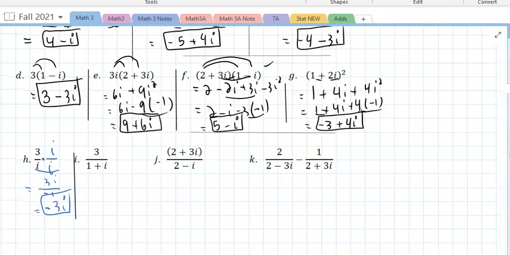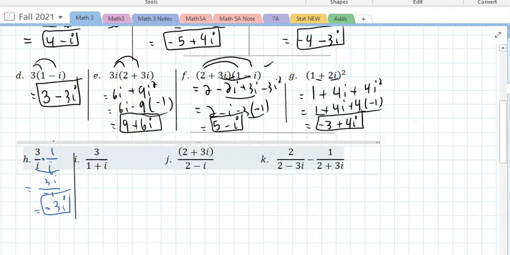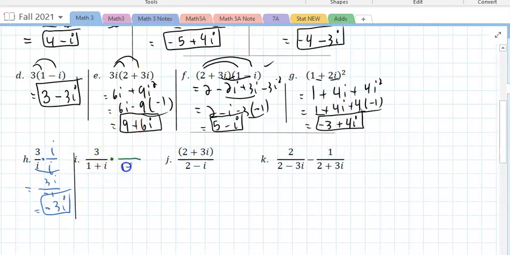Here, again, I've seen this before. This is dealing with two terms. I would think of a conjugate. So I would multiply by the conjugate of this. Okay, I did say conjugate, but I didn't write conjugate. So the top would be 3 into 1 minus i. The denominator will be the first squared minus the second squared.